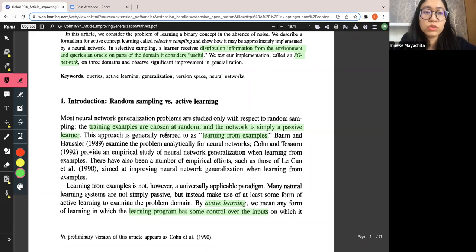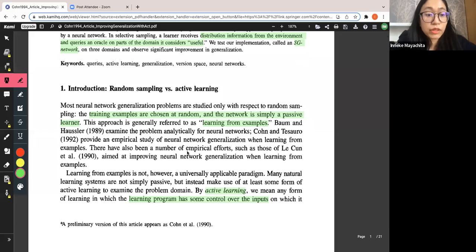We want the examples added to the training set to be useful, so that we gain some new information from them instead of just picking random examples that might not contribute to the learning of the models.